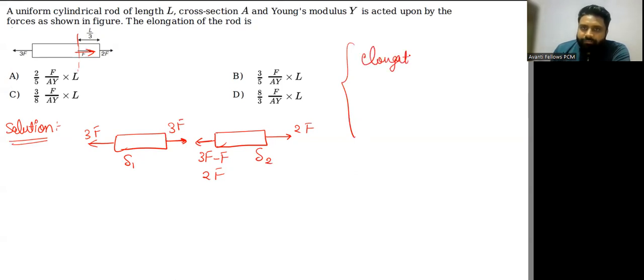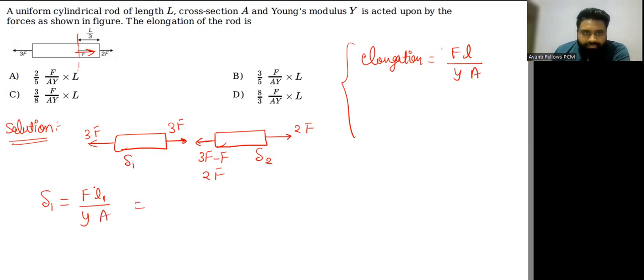We know the formula of elongation. Elongation is given by F into L, length of the object, divided by Y, the Young's modulus of elasticity, into area A. So delta 1 we are going to calculate. For this rod, it is F into length of this rod divided by Y, which would be the same because the material is the same, and A, which is also the same because the same rod we have taken.